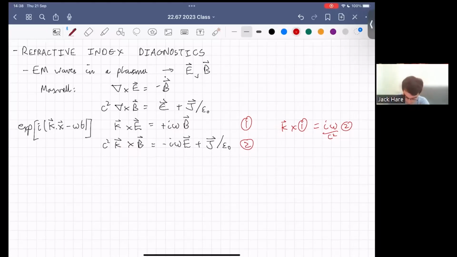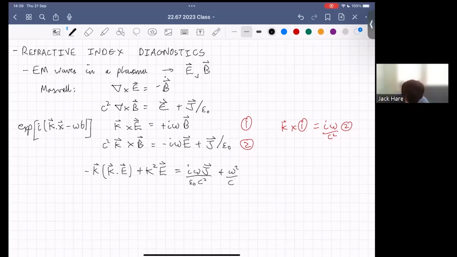With a little bit of vector calculus magic, we would end up with something that looks like k dot E k plus k squared E is equal to i omega J over epsilon naught c squared plus omega squared upon c squared E, like that.